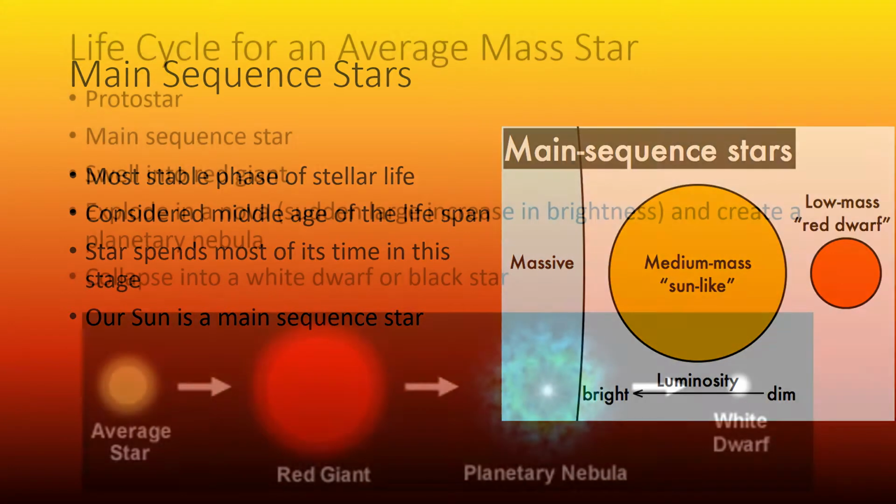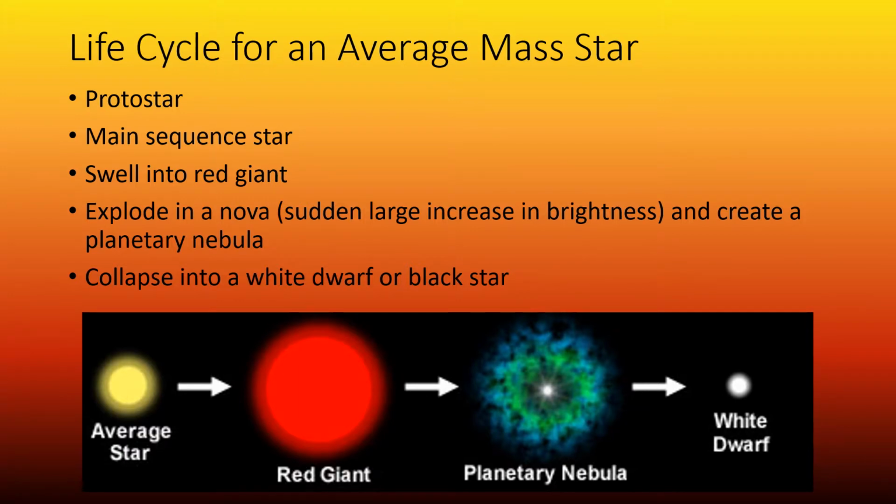The life cycle for an average mass star. Our sun is considered an average mass star. It begins its life as a protostar in the center of a solar nebula. Once it begins fusing hydrogen into helium, it becomes a main sequence star, where it's going to spend most of its life.